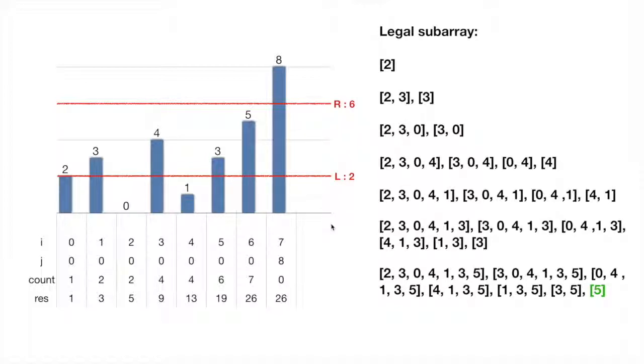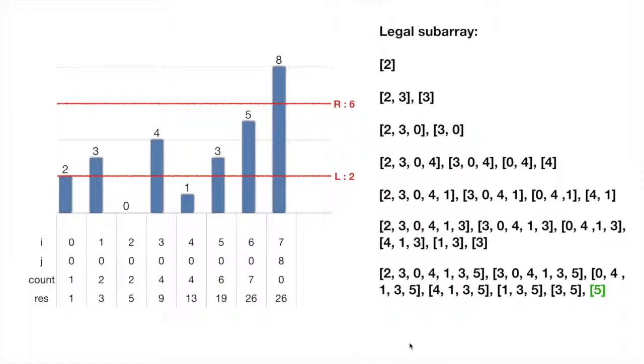So as long as we have element 8, the subarray shouldn't be a legal subarray. And we just simply move the start point j to the next element, and set count to 0, which means in the current level we have no legal subarray.